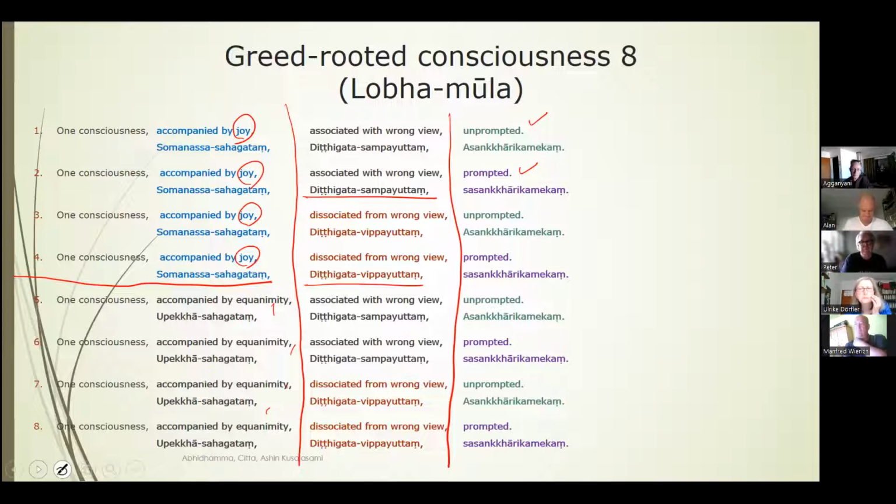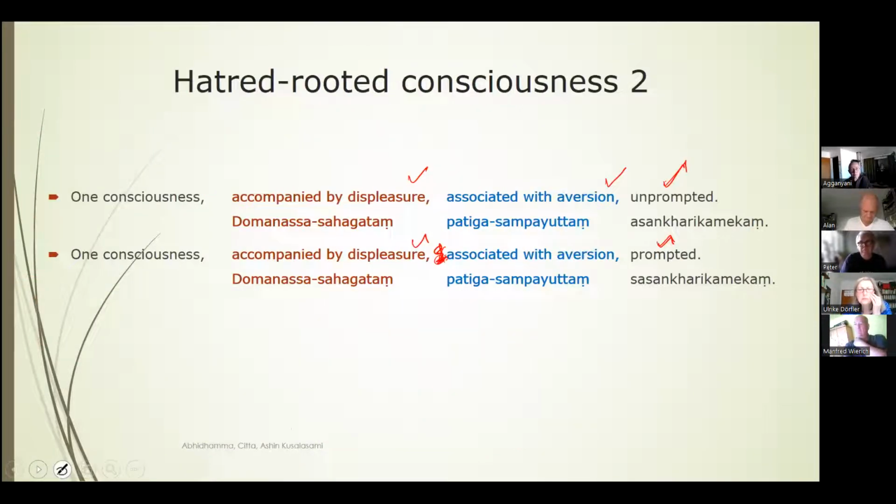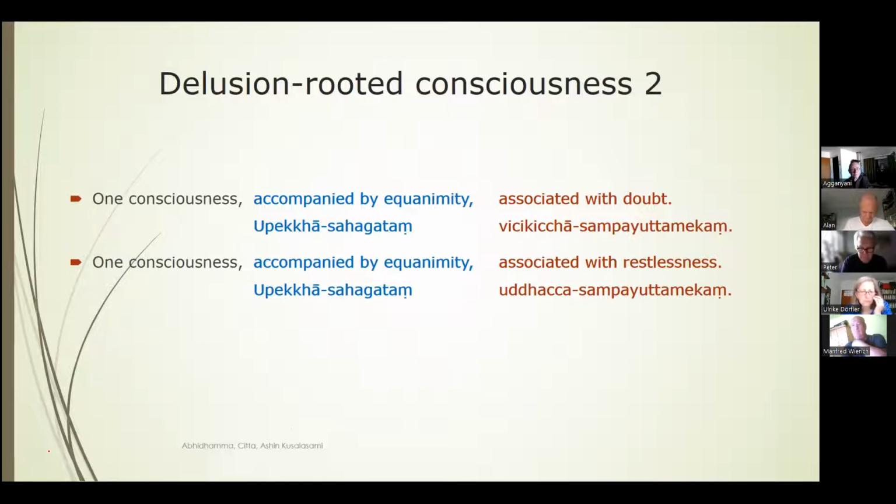Okay, I will not focus on that because I want to go to the next group, the 18 Ahetuka Cetas. The next group is delusion-rooted consciousness. This one has only 2 parts, both accompanied by equanimity. The only difference is associated with doubt and associated with restlessness. I know you may have a lot of questions in your mind.